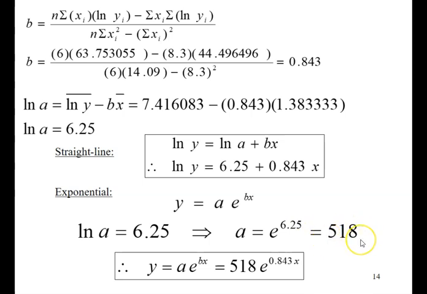So this is your a. And b stays the same, you don't need to transform anything, 0.843. Just substitute everything into the exponential equation: y equals a e to the bx equals 518 e to the 0.843 x.